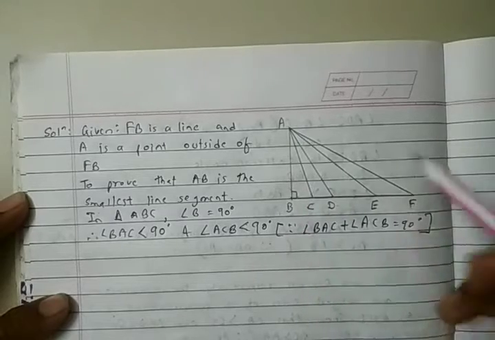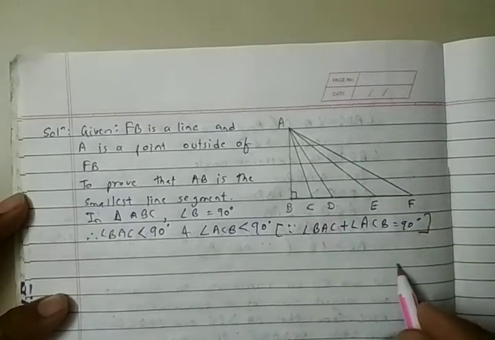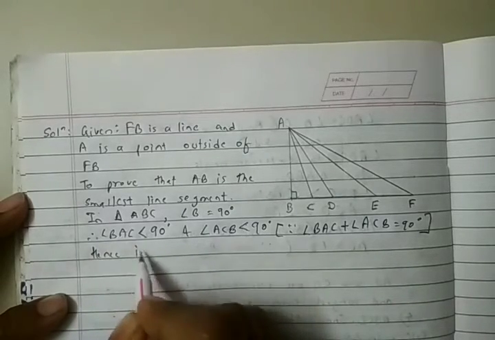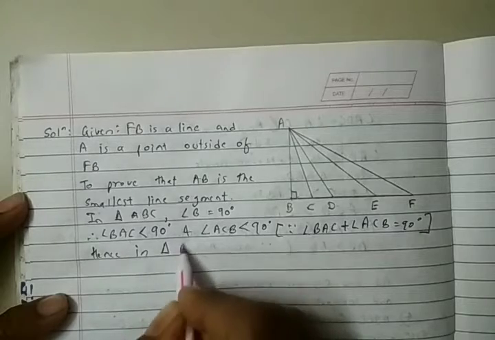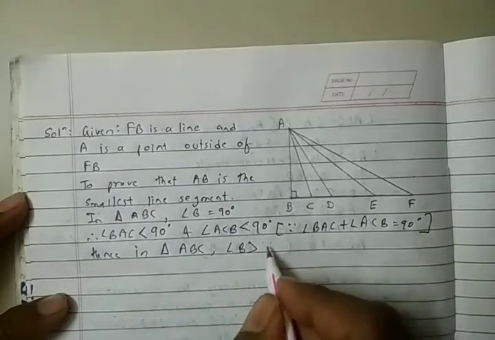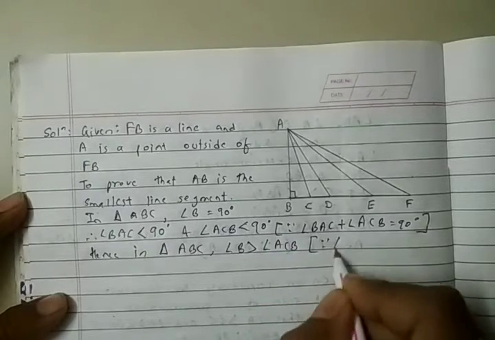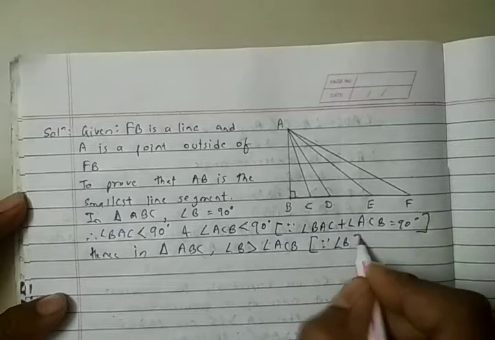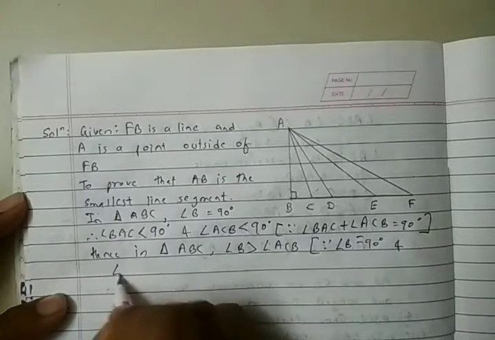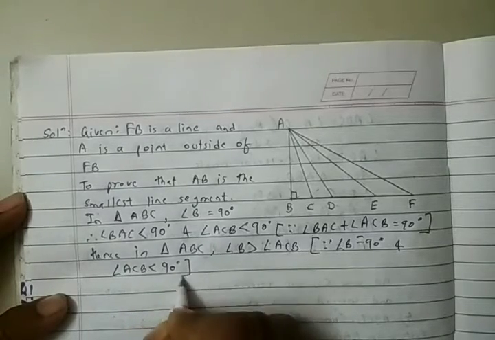So hence in triangle ABC, angle B is greater than angle ACB. How can we say this? Because angle B is equal to 90 degrees and angle ACB is less than 90 degrees, right?